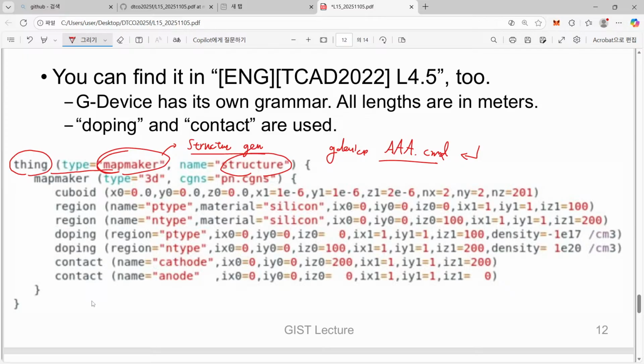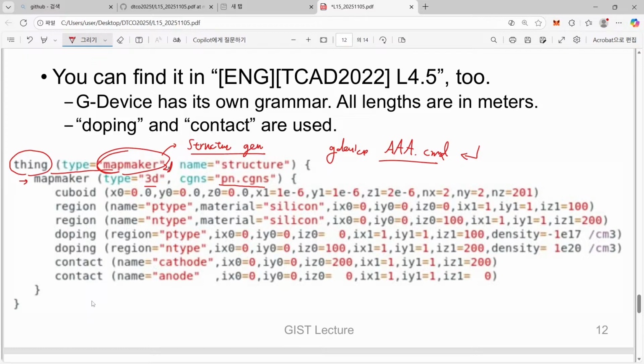Now here you have a second line, and type 3D means that we will make a 3D structure. Of course, if you say 2D, then you can even make a 2D structure, but I will not talk about 2D generation. And CGNS equals pn.cgns.